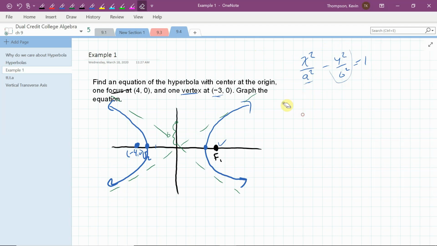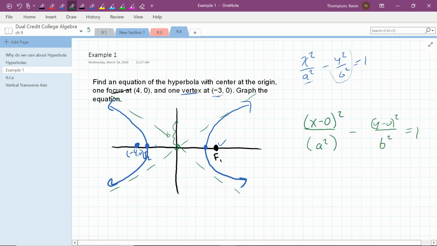But let's continue here. The center really is (0, 0). So if you wanted to, just like we did with the ellipse, you could say (x minus 0) squared over a squared, and I know it's a because it's the positive one, minus (y minus 0) squared over b squared, which I don't know, equals 1.